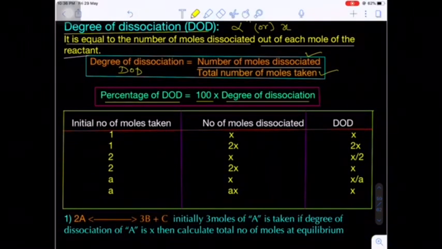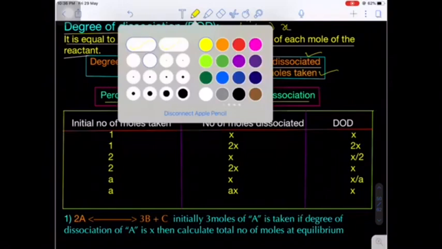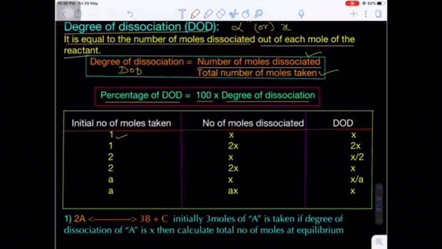Let's suppose there is a tabular form I have given here. The first column has the number of moles initially taken, the second column the number of moles dissociated, and the third column is the DOD. Let's suppose I am taking initially 1 mole, out of which X moles dissociated.